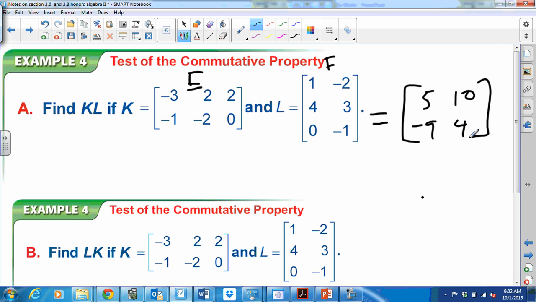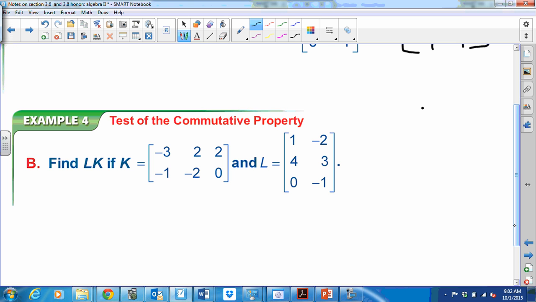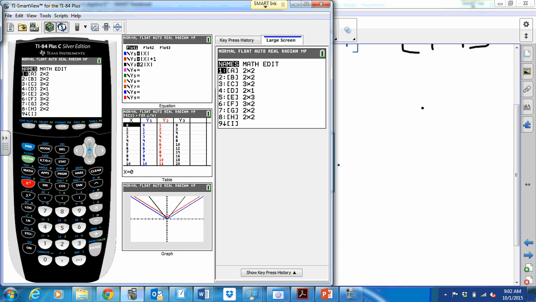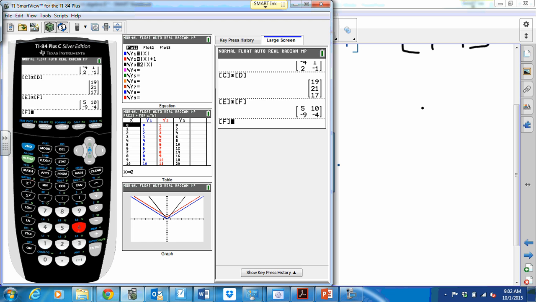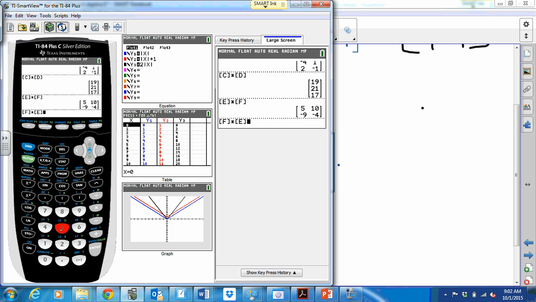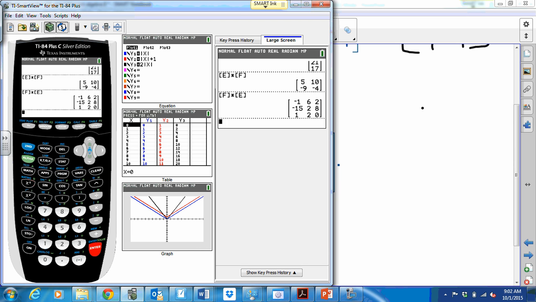Now what happens if we multiply F by E? So in other words, if we do L by K. So let's go into our calculator, which is really going to be F by E. And I'm going to hit second matrix, and I want to do F by E. Oh, that looks totally different.